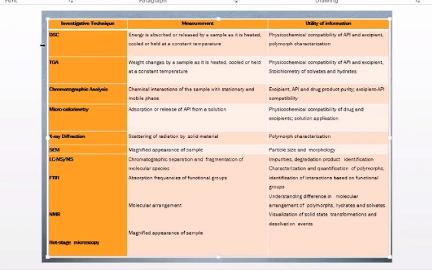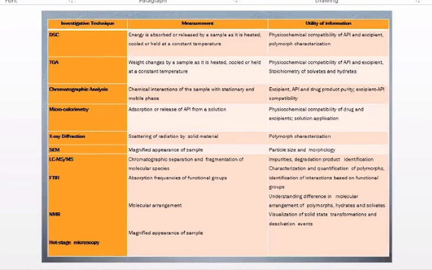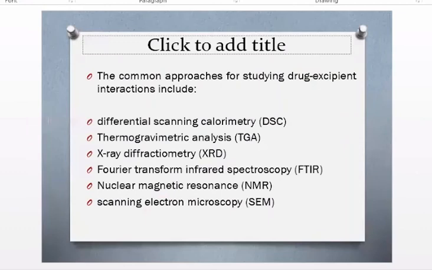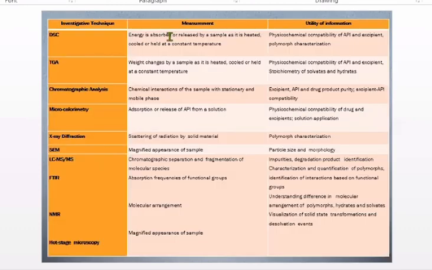So what it is saying here is that DSC is referring to differential scanning calorimetry. You can refer to the previous slide here for the abbreviations. And then for the measurement, we are taking what is it that you measure.